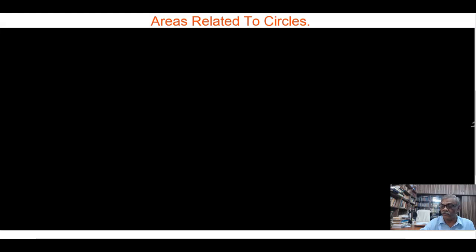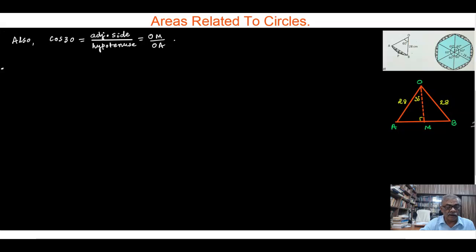But also cos 30 equals adjacent side by hypotenuse, that is OM by OA.